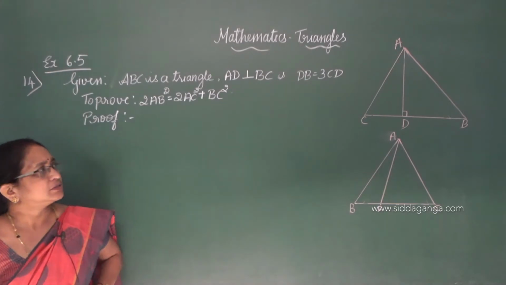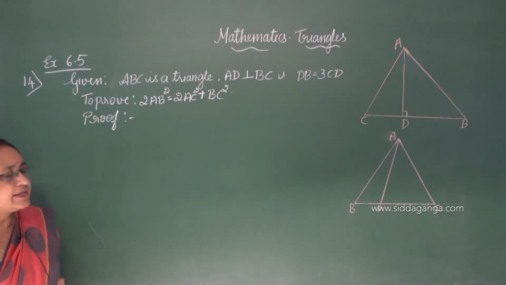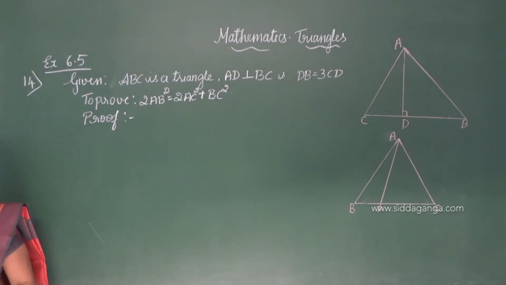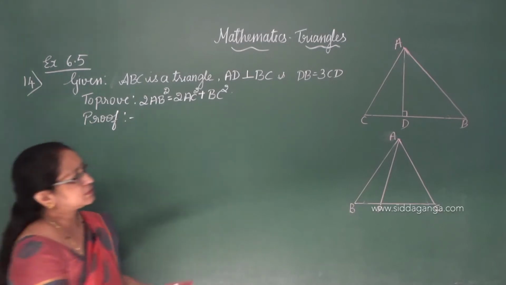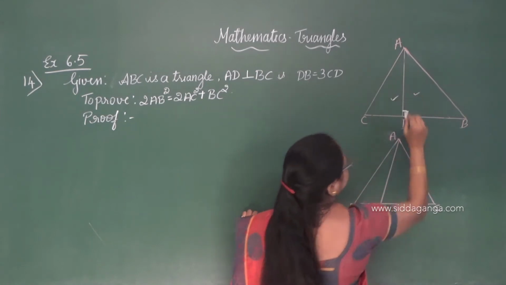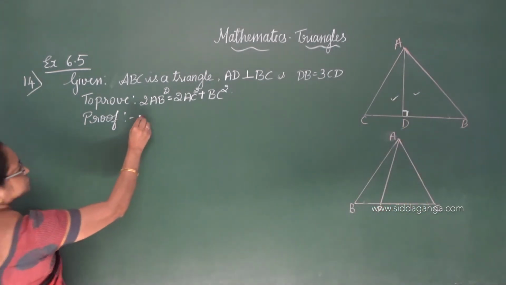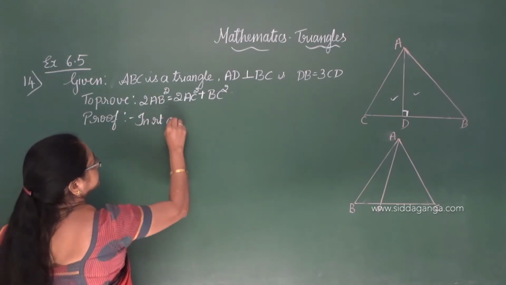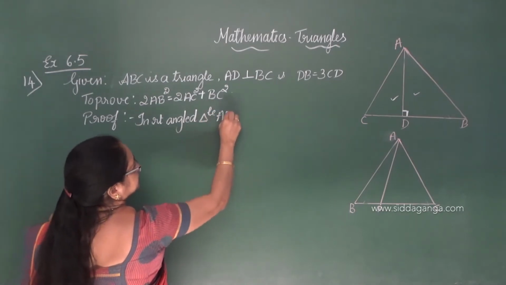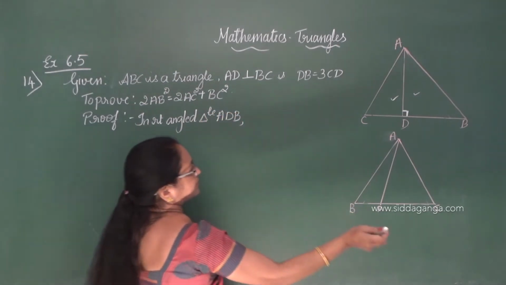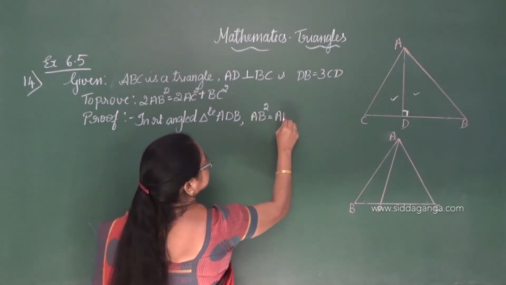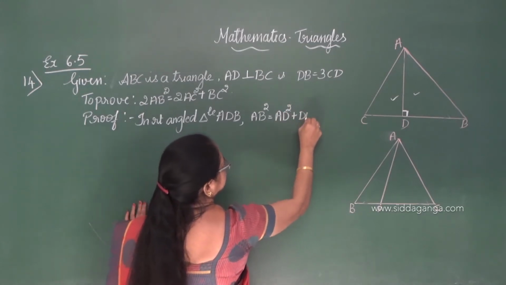So first let us consider the triangle ADC. See here, this is a right angle triangle. See, perpendicular drawn. So we have two right angle triangles. So in right angle triangle ADB, by applying Pythagoras theorem, AB square is equal to AD square plus DB square.